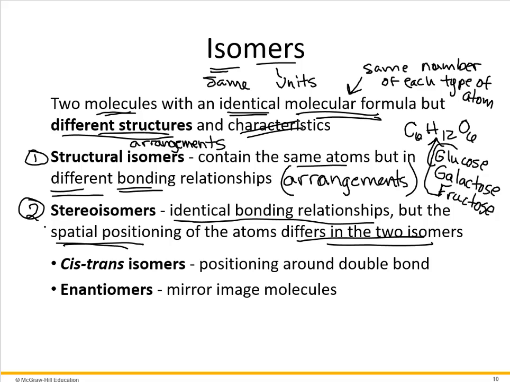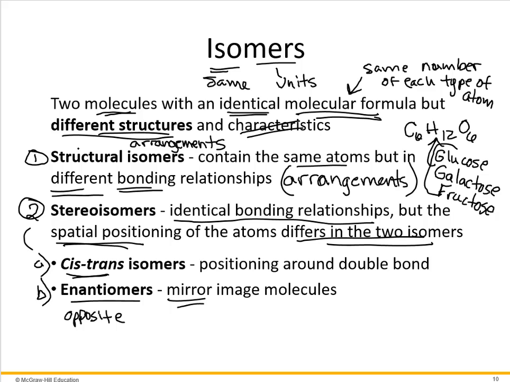So there are cis-trans isomers, which are 2 types of stereoisomers, and then there are enantiomers. These would be mirror images. Enantiomer means opposite. So the molecules are mirror images of each other.